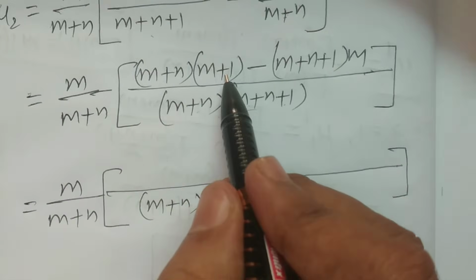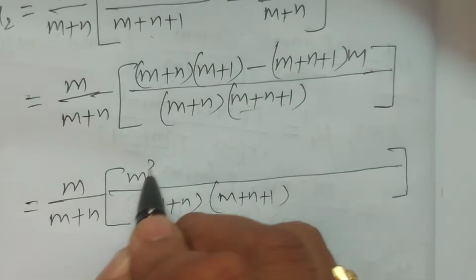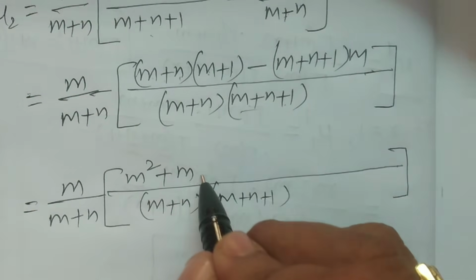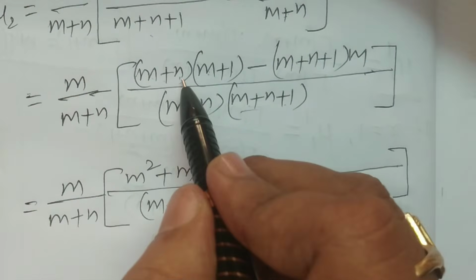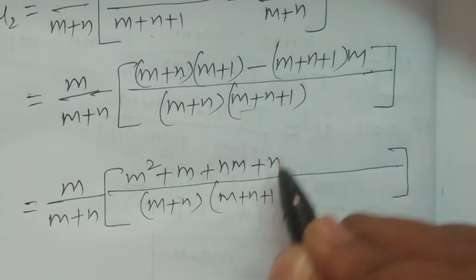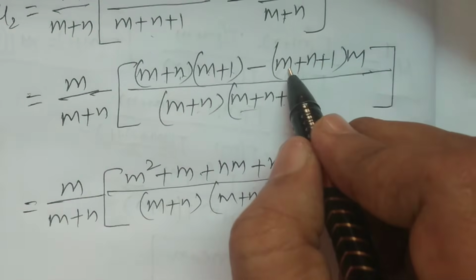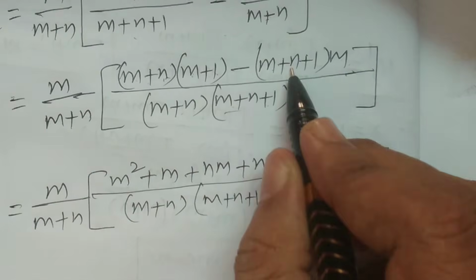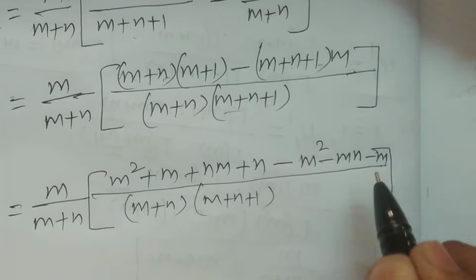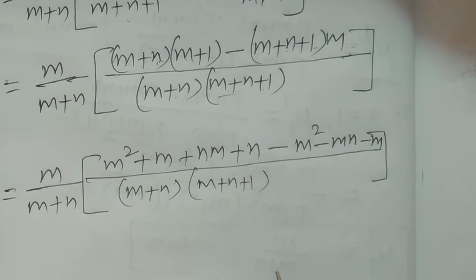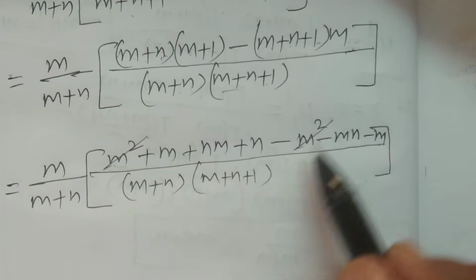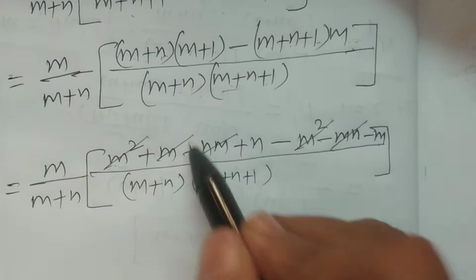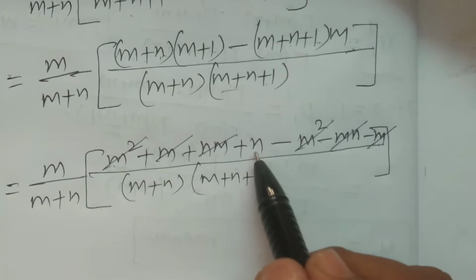Now I multiply the values: m into m, m square, plus m into 1, plus m, plus n into m, plus n into 1, plus n, minus m into m, m square, minus m into n, minus m. Now you see the values here: plus m square minus m square cancel, nm minus mn cancel, plus m minus m also cancel, and there are only the values n.